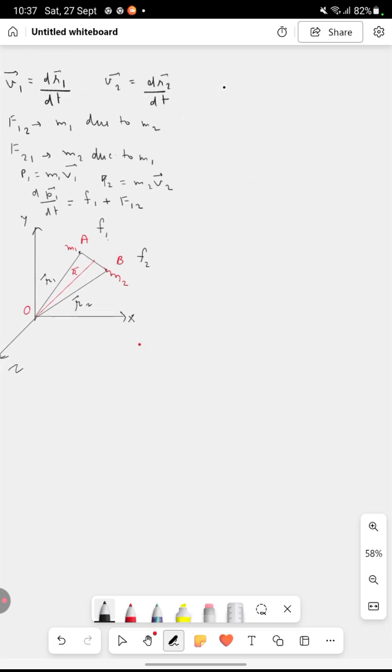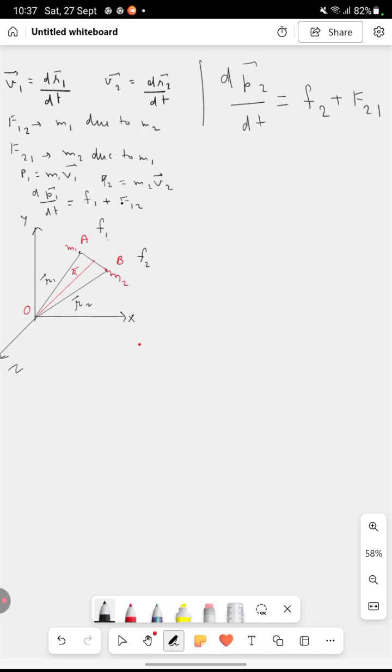For particle m2 we can say dp2 by dt, this is the change in momentum for particle m2, will be equal to F2 plus F21.